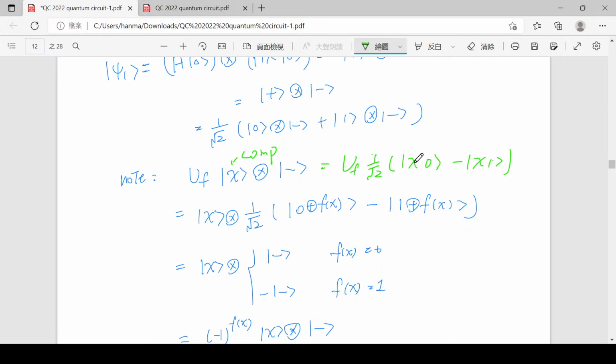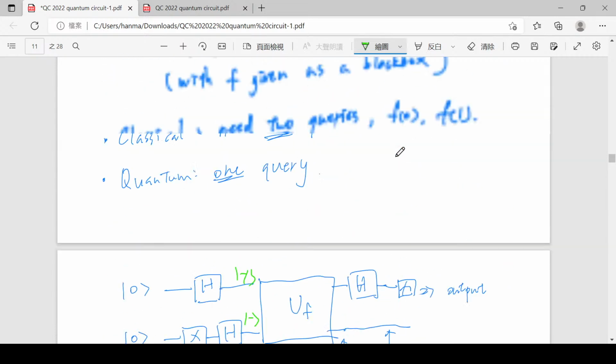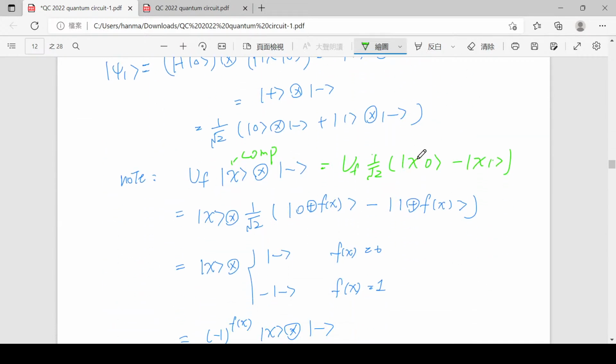So x stays as x, and as we said, UF will add f of x onto the second register. So we have 0 plus f of x, and then 1 plus f of x. We just apply UF on both of these, and they stay linear.